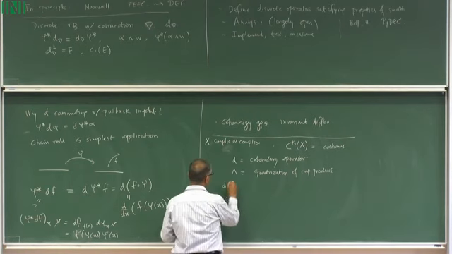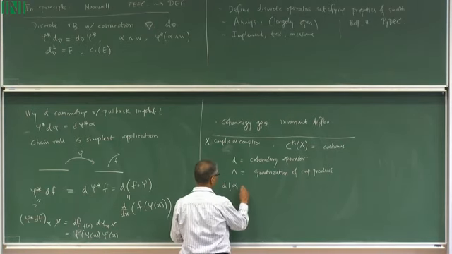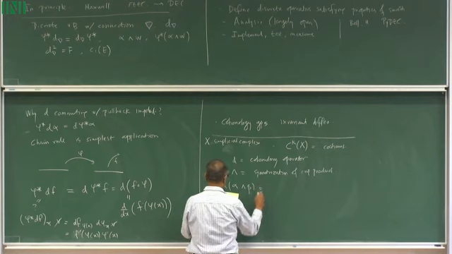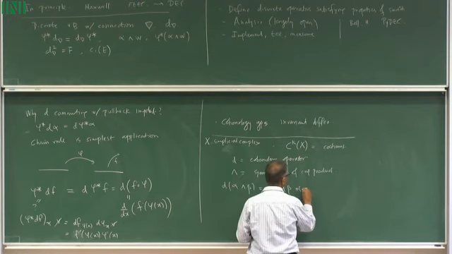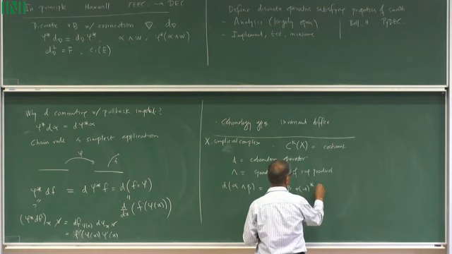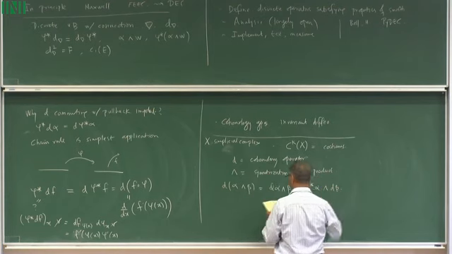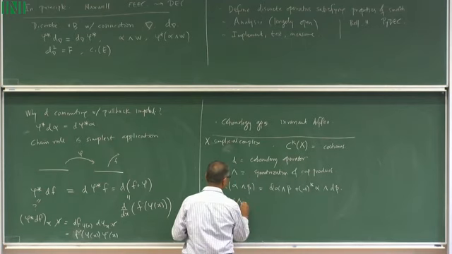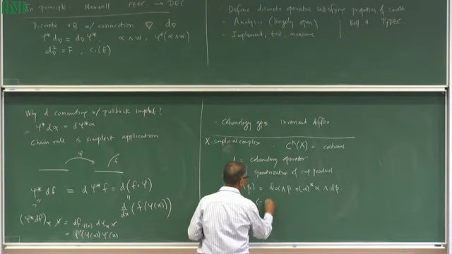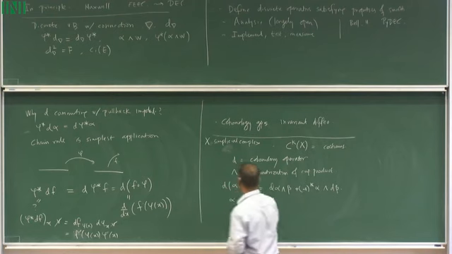So you get automatically that D of alpha wedge beta will have the anti-derivation property. You get that alpha wedge beta will be minus one to the K times L beta wedge alpha, where this is a K form and this is an L form.